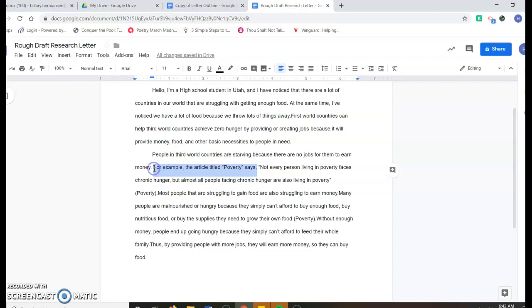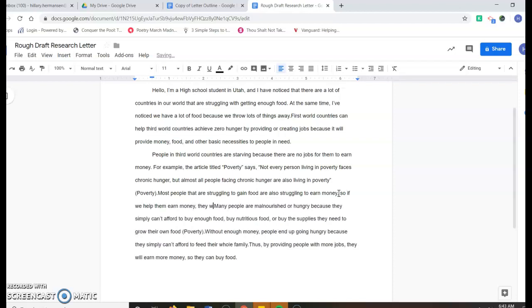So now I'm going to explain that quote. It says most people that are struggling to gain food are also struggling to earn money. And so if we help them earn money, they will be able to buy food. That's just a little bit more reasoning there because I feel like it needs it to explain that quote.